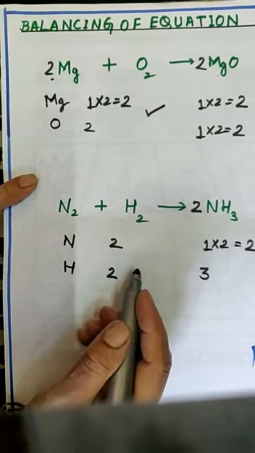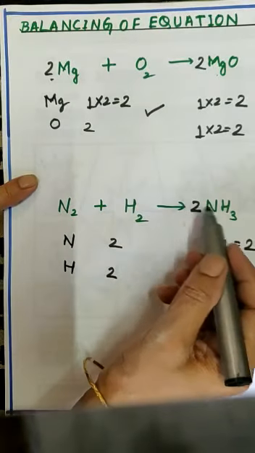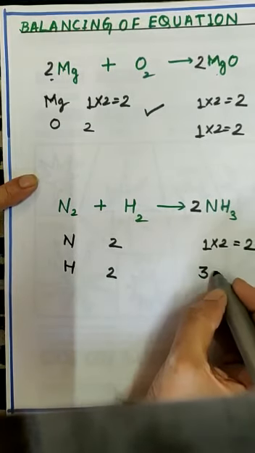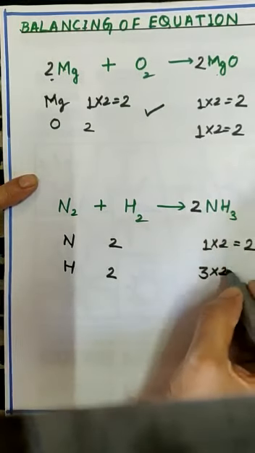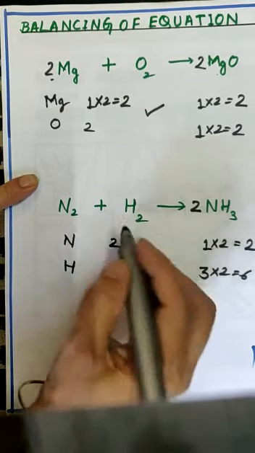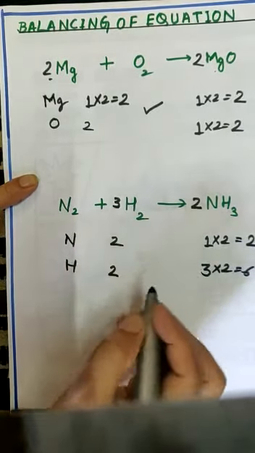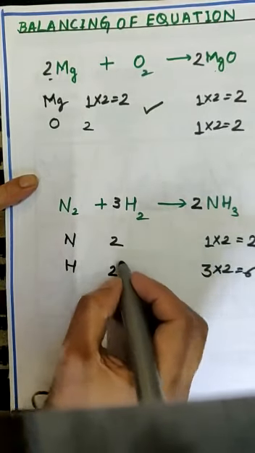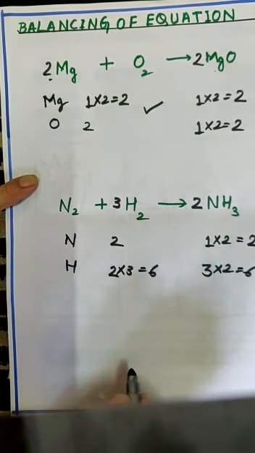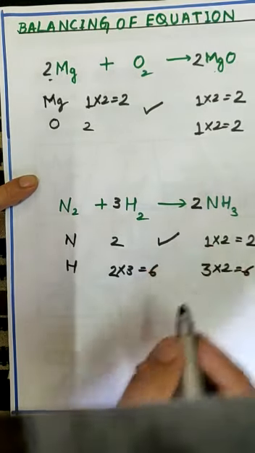Then what about hydrogen? Hydrogen has now become from 3 to 6. So 3 into 2, 6. Now to balance hydrogen this side, what can we do? We multiply here with 3, that is 3 molecules of hydrogen consisting of 6 atoms of hydrogen. So now again it is balanced.